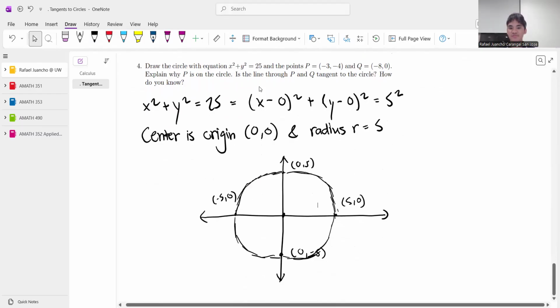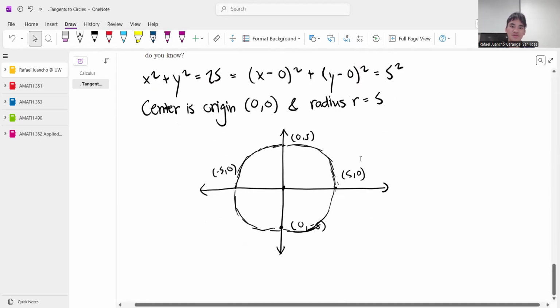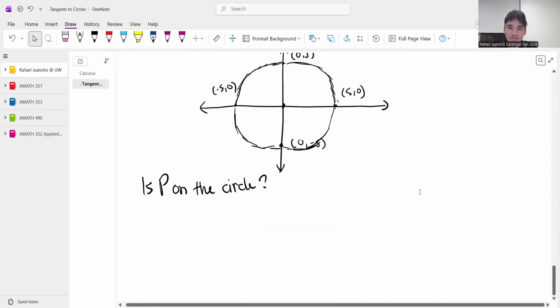Now it says we have points P (-3, -4) and Q (-8, 0). Now we ask, is P on the circle? What's the simplest way we could find out if a point is on the circle? Of course, we plug it in, right?